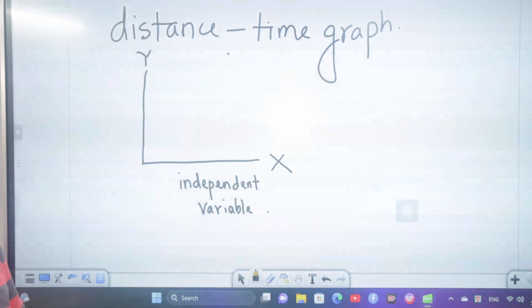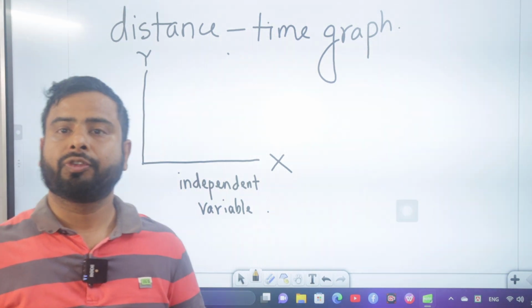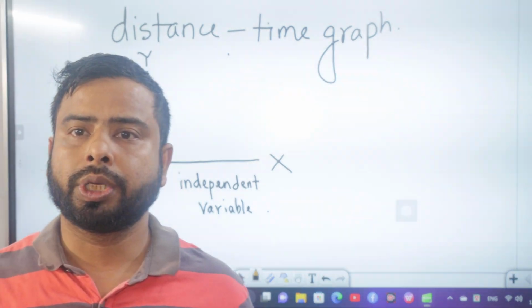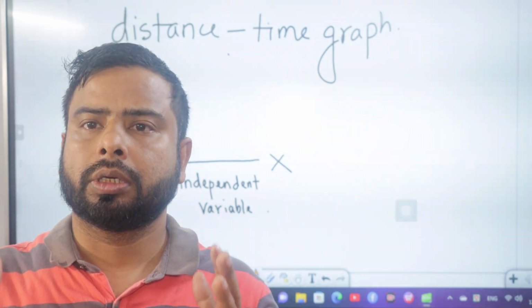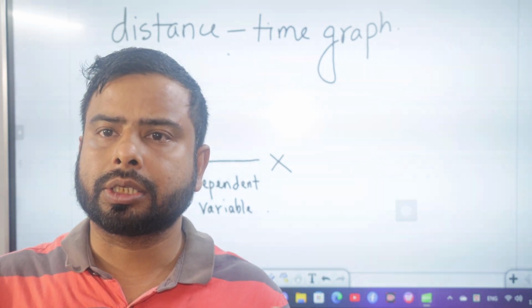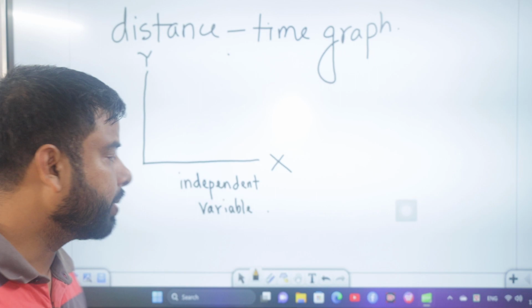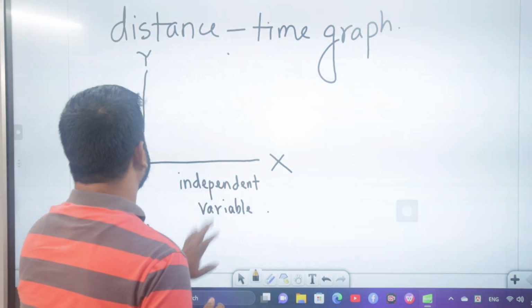What is independent variable? The physical quantity which we decide to change for an experiment is called independent variable.